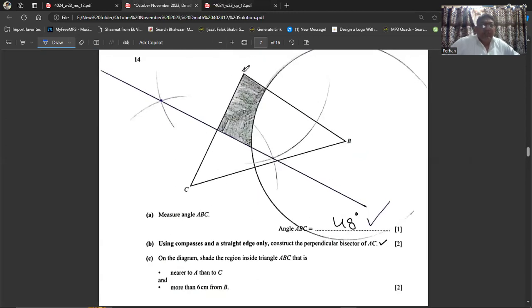I put my compass on A and draw this arc and this arc. Then I put my compass on C and draw this arc and this arc. These two arcs intersected on this point, and these two on this point, then I join these points. So this line is the perpendicular bisector of the AC line.